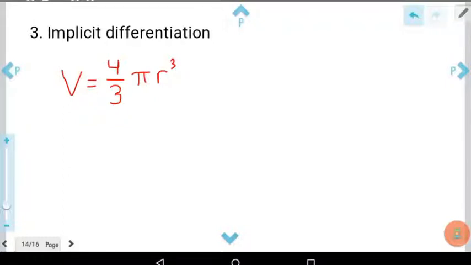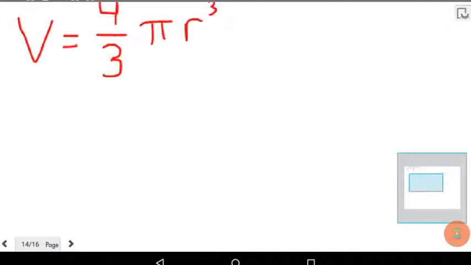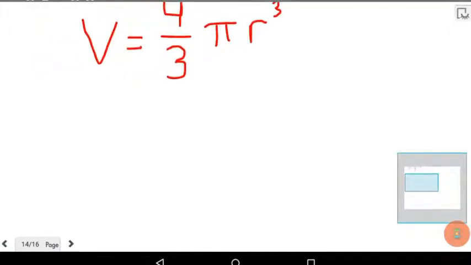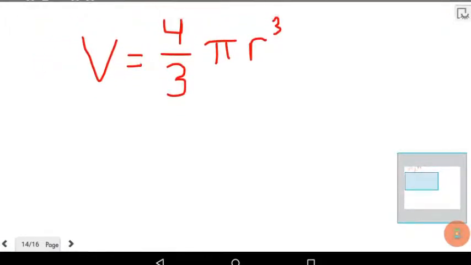So really all we need to do now that we have our equation is take the derivative of both sides. But remember, we do want to take the derivative of both sides with respect to time. So what that means is both of these variables here, v and r, need to be treated as functions of time rather than variables.